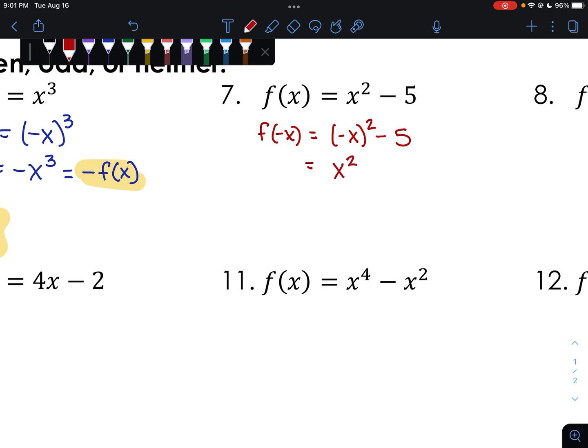There's nothing that is going to affect that negative 5 because it is a constant, so therefore it stays negative 5. We ask ourselves, did we get what we started with? And yes, it matches up exactly. So this is our original function of f of x. So once again, it tells us that f of negative x is equal to f of x, which means we have an even function.